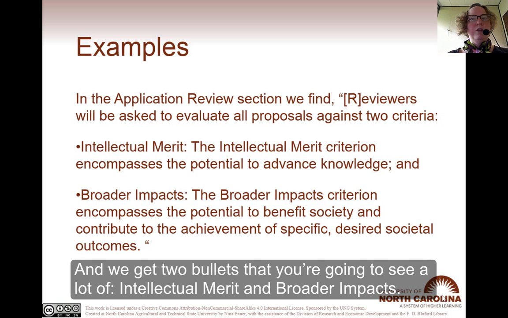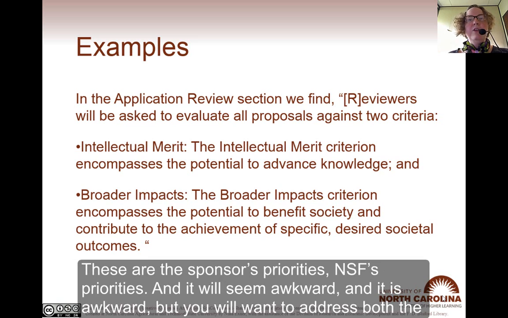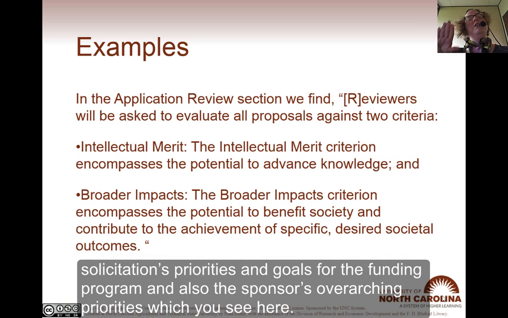And we get these 2 bullets that you're going to see a lot of: intellectual merit and broader impacts. These are the sponsor's priorities, NSF's priorities. And it'll seem awkward, and it is awkward, but you will want to address both the solicitation's priorities and goals for the funding program and also the sponsor's overarching priorities that you see here.